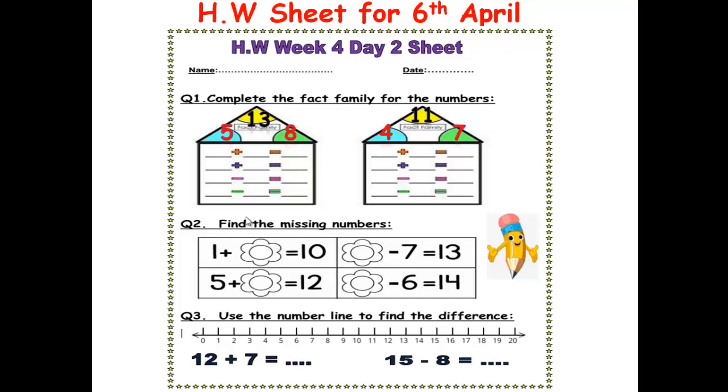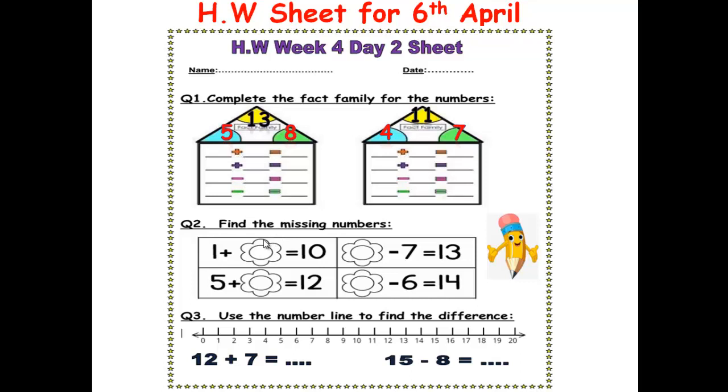Question number 1 is telling me to complete the fact family for the numbers. I placed for you here this house and this house. In this house, what are the family members? 5, 8, and then the whole is 13, because 5 plus 8 equals 13. So I'm going to solve the first fact family that you are going to perform.